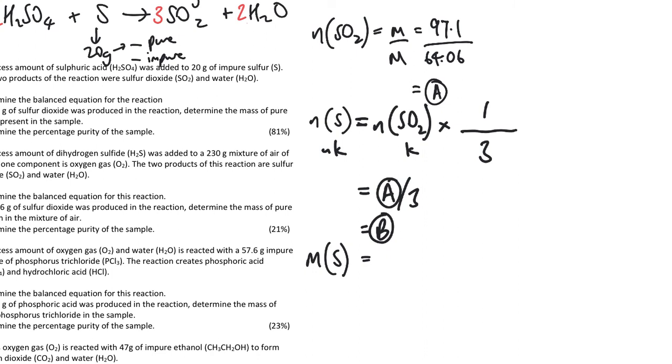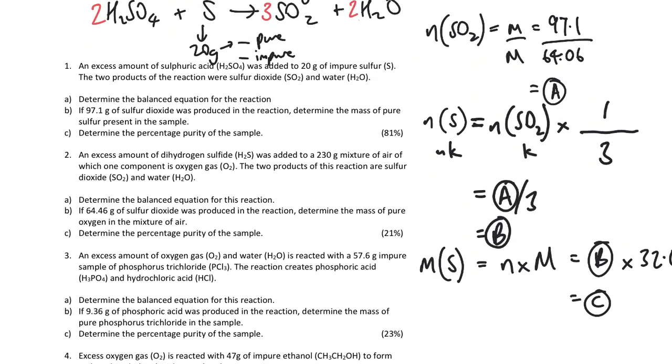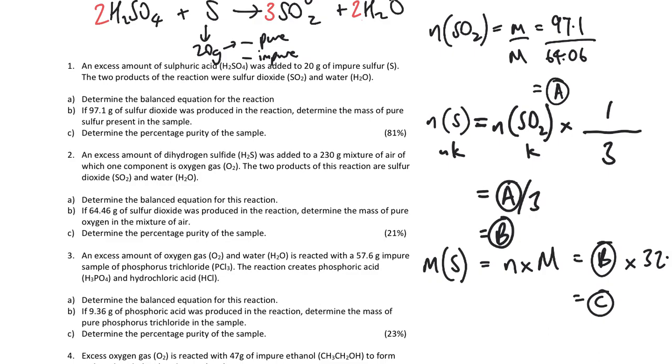N times big M. So it'll be B times 32.06, which I'll call C. That will be the answer to the mass of pure sulfur.